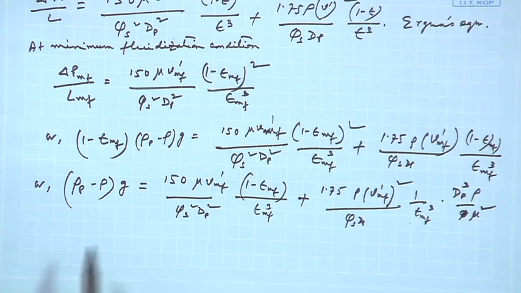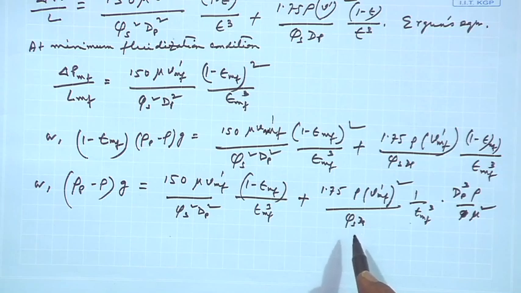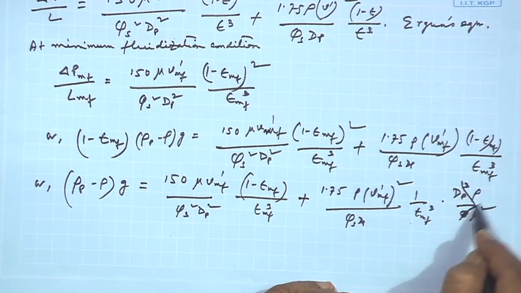is equal to 150 rho V_mf prime over phi_s squared d_p squared, (1 minus epsilon_mf) by epsilon_mf cubed, plus 1.75 rho V_mf prime squared by phi_s d_p, multiplied by 1 by epsilon_mf cubed, right. So, this is no more required.